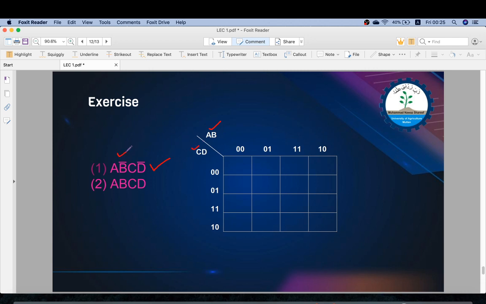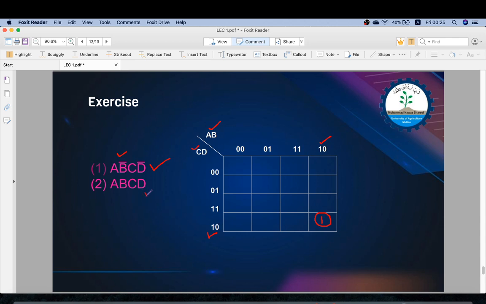It's A B complement, so we can find which column it lies in. This is A and B complement. The second half is C D complement, this is C and D complement. So this is the point where our equation lies, A B complement, C D complement.